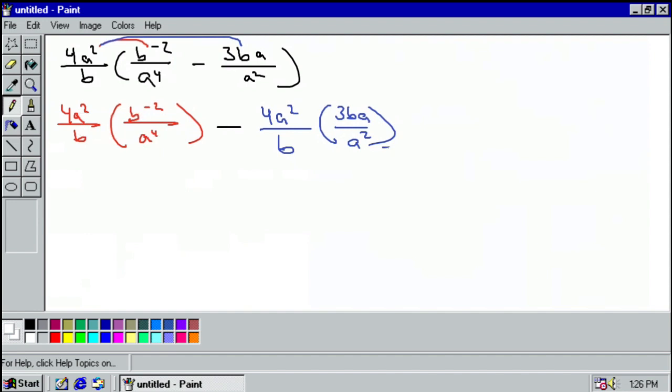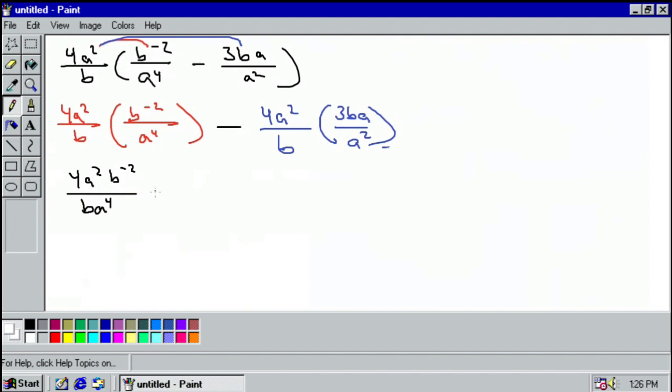So we have 4a squared times b raised to negative 2, which is just 4a squared b raised to negative 2, since we don't have the same variable. Then b times a raised to 4 is b a raised to 4.